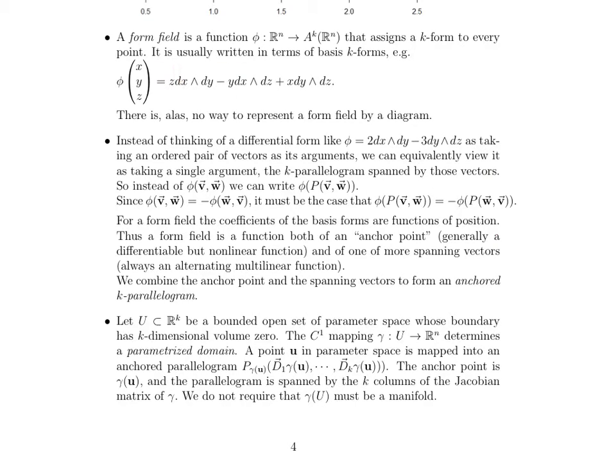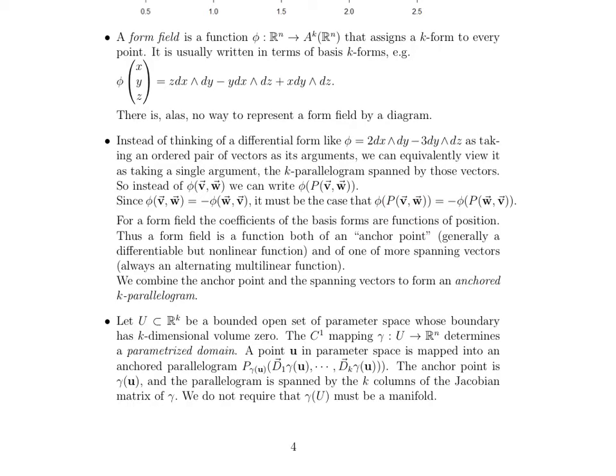Now for a form field, the coefficients of the basis forms are functions of position, right? Up here, dependent on where you were in space, what z, what y, what x was there. And so a form field is a function both of its anchor point, where you are in space, generally a differentiable but nonlinear function, and of one or more spanning vectors. So not only do you have where are you in space, that's going to give you z, y, and x, but it's also dependent on v and w, which are going to create the parallelogram that it acts on. So we combine the anchor point and the spanning vectors to form an anchored k-parallelogram.